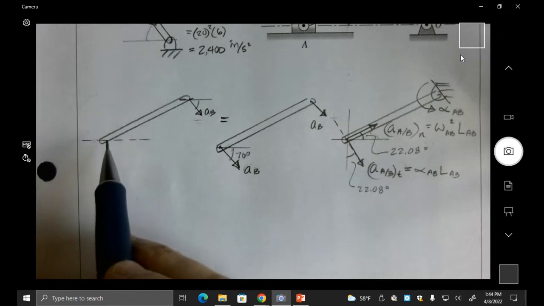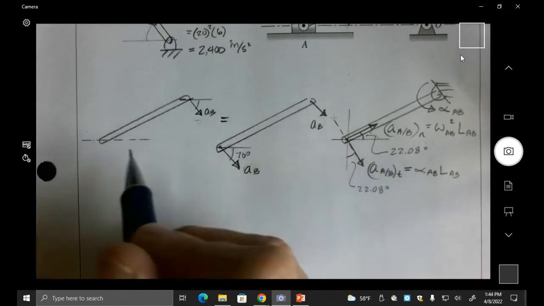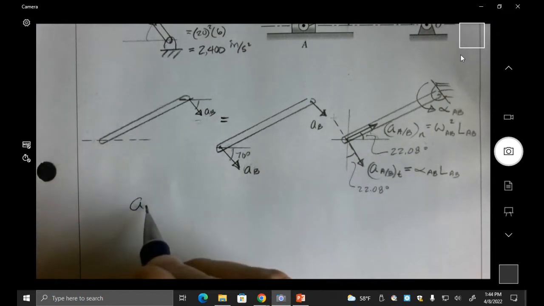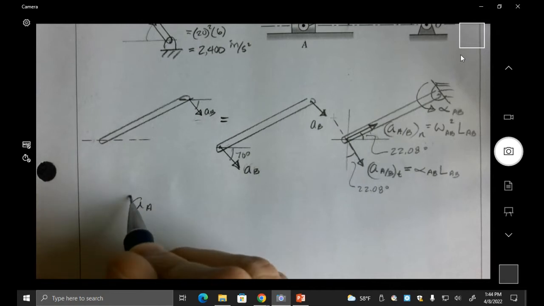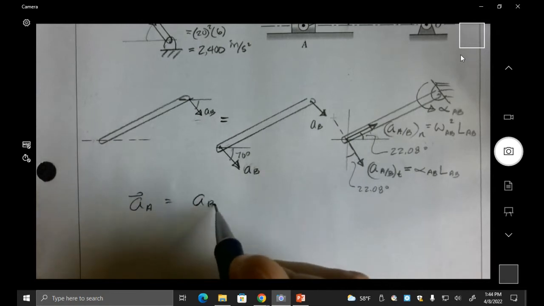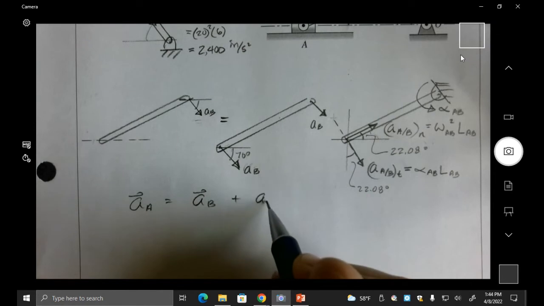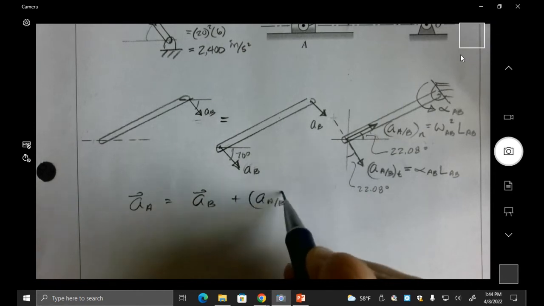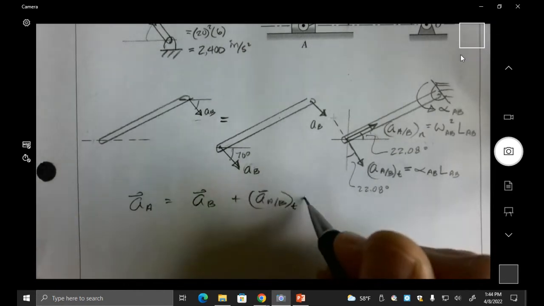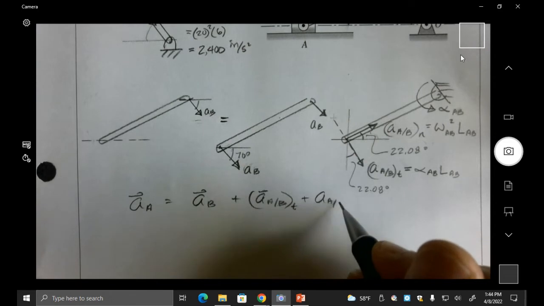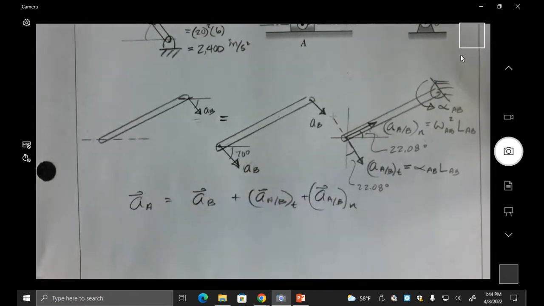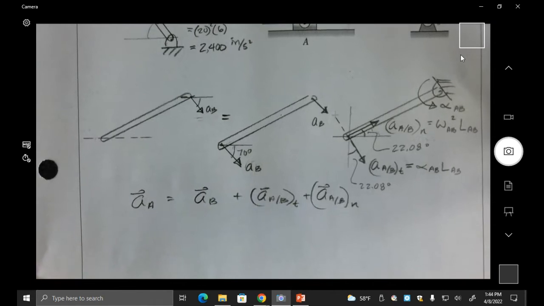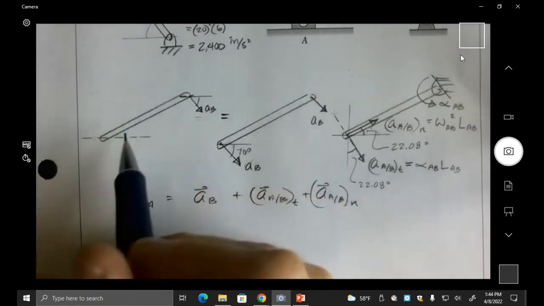So we learned that. But let's go back to acceleration. We're writing this for the acceleration of A is equal to the acceleration of B plus the acceleration of A with respect to B tangentially plus, I'm going to say normally, but that sounds awkward.